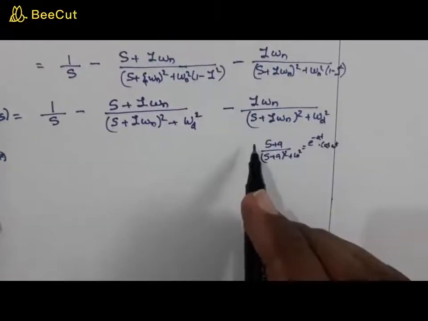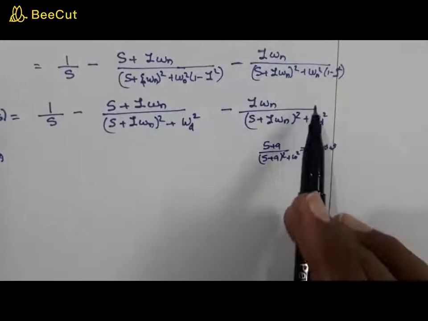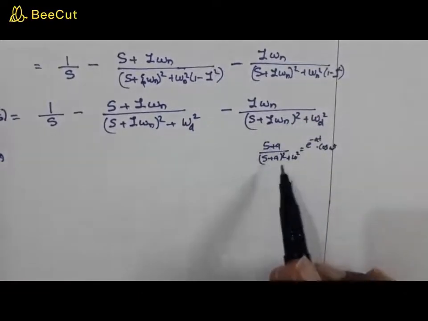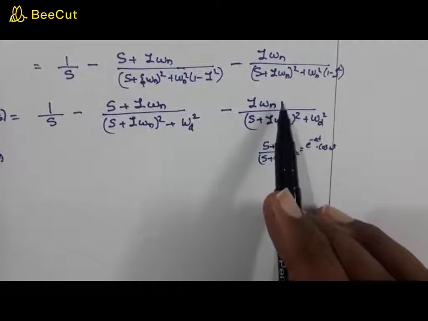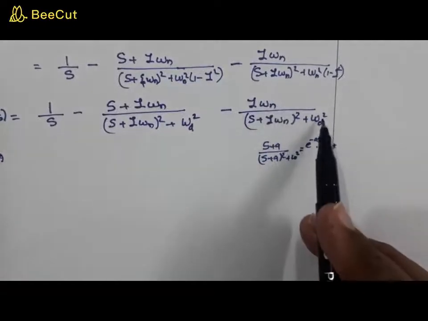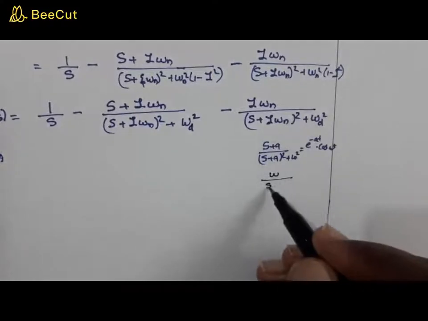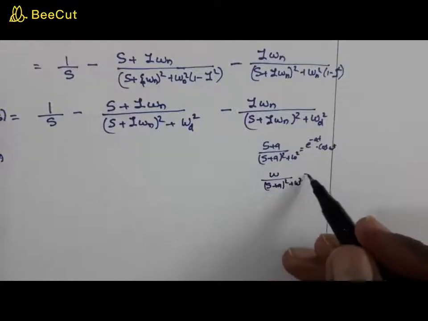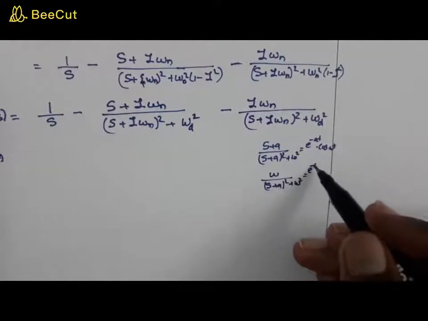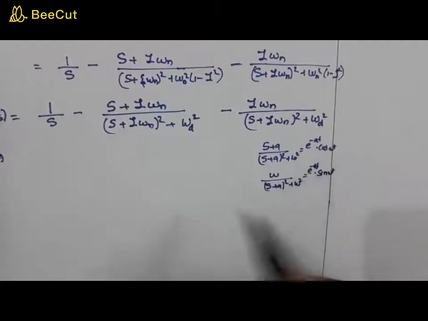Now this other term is similar, but it doesn't have any s in the numerator. If you have a term like omega by s plus a the whole square plus omega square, then you can write this as e raised to minus at into sine omega t. You might have studied this, right?